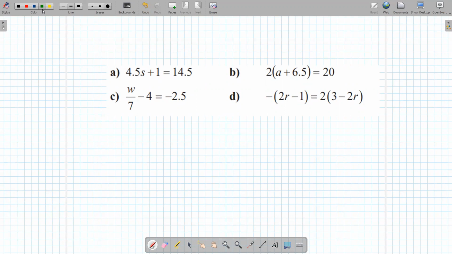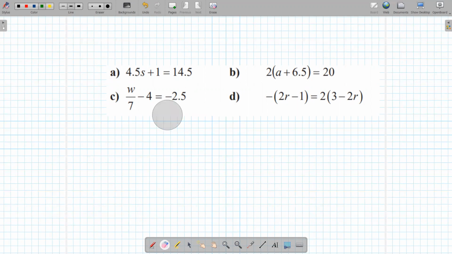There's two things you can do for B on the first step. Divide by 2, and then you can subtract 6.5, right? What about C? What would you do first? Add 4. Yeah, you have to add 4, so that's gonna be, what's negative 2 point 1.5. And then you multiply that by 7, and you're done.